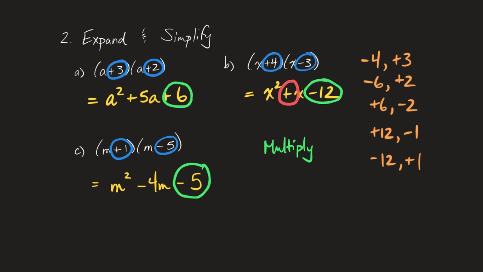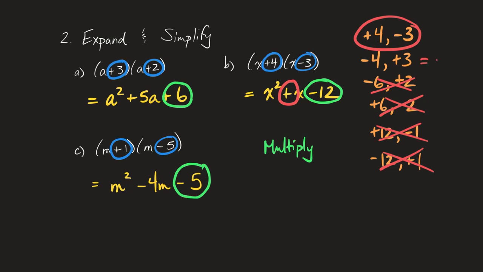And if I include the possibilities that we see in our brackets in our list of possibilities in the orange, you'll notice that that is the only possible one that gives me a sum of 1. Negative 12 and 1 doesn't work. Negative 4 and 3, if I put those two things together, gives me a negative 1, close, but not a positive 1.